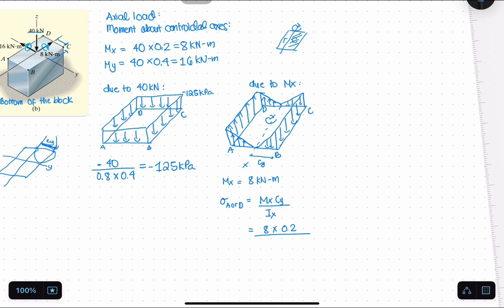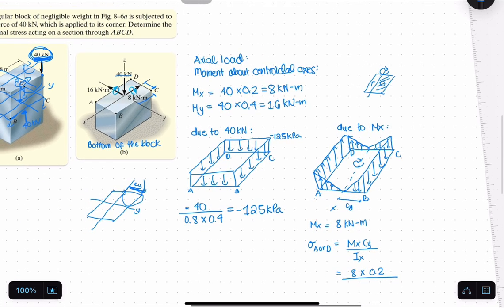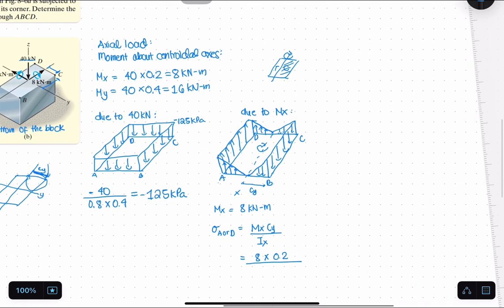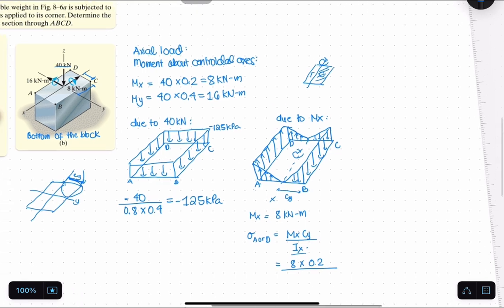Dito natin makita talaga na there's a difference between IX and IY. Kasi magkaiba talaga yung magagamit natin dito sa MX kasi ang corresponding I niya is IX, and then mamaya sa MY ang corresponding I niya is IY.